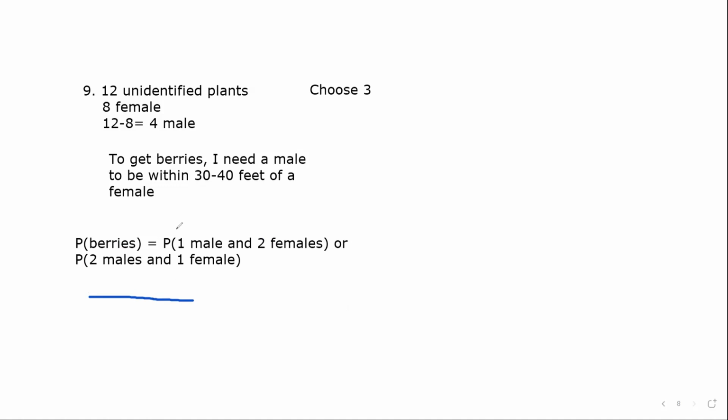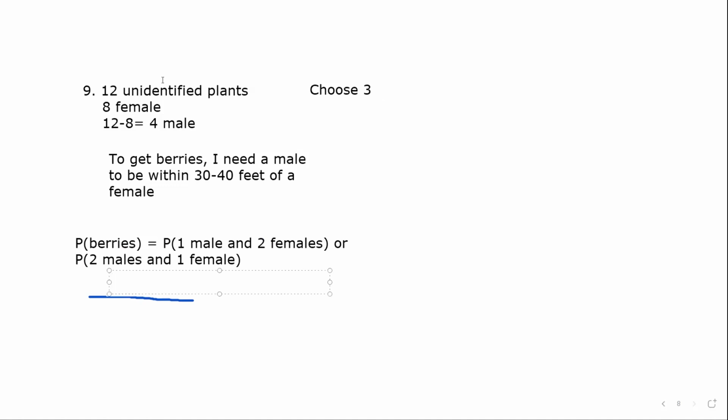How do I find the probability of choosing 1 male and 2 females? 4 choose 1 would be 1 male. That's a good start.